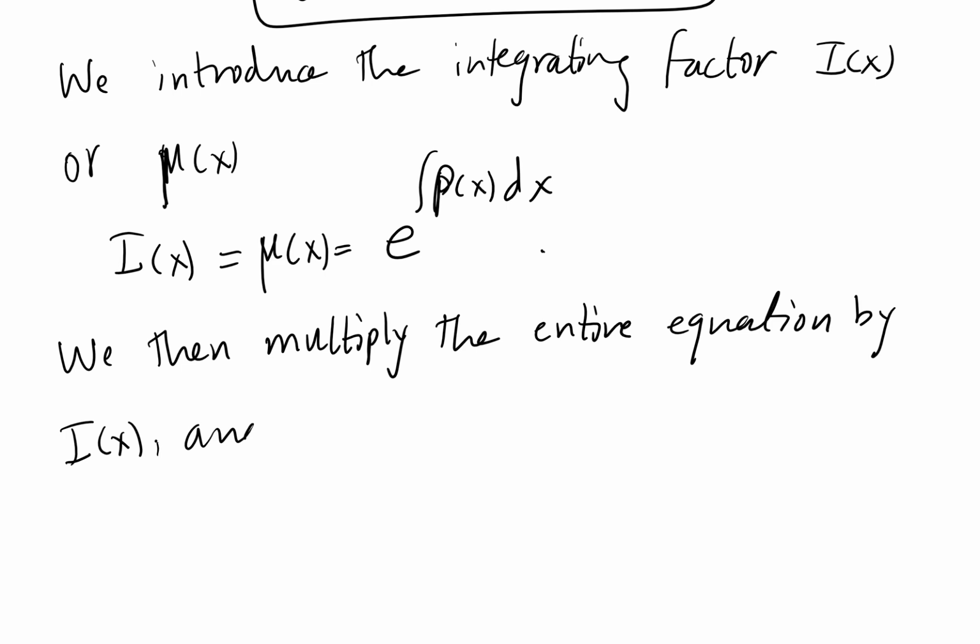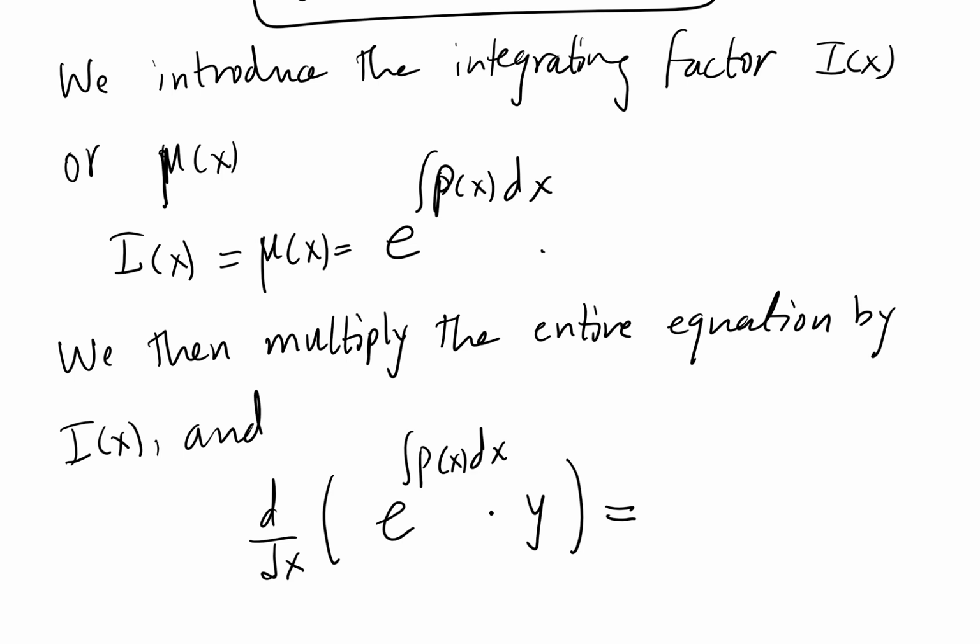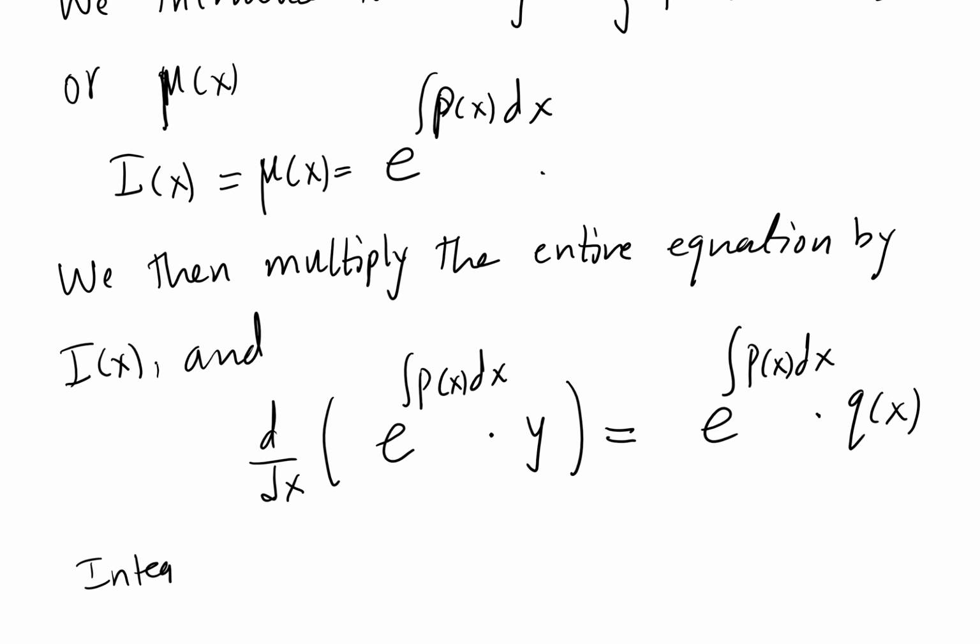And after you multiply the entire equation by the integrating factor, we will always get d dx, instead of guess and check, of the integrating factor e to the integral of p of x dx times y equals e to the integral of p of x dx times q of x. Then we integrate both sides and solve.